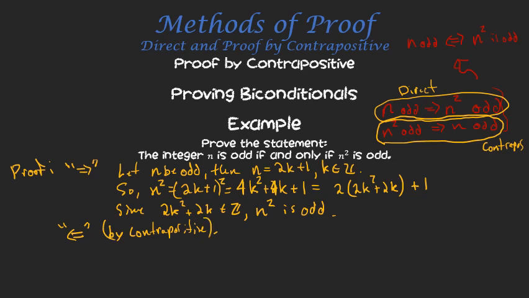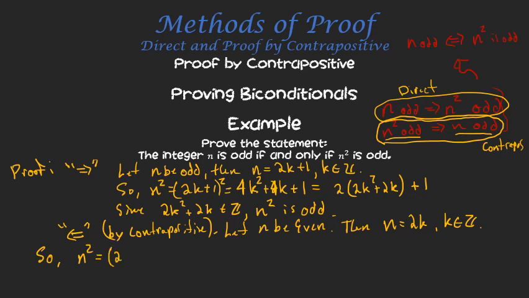So we'll start with the assumption that n is even. We need to assume the opposite of the conclusion and show the opposite of the hypothesis. So let n be even, then n equals 2k for some integer k. And I want to make a statement about n squared. So n squared is (2k) squared, which you can write as 4k squared, or 2 times 2k squared.